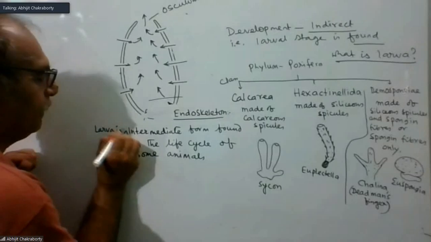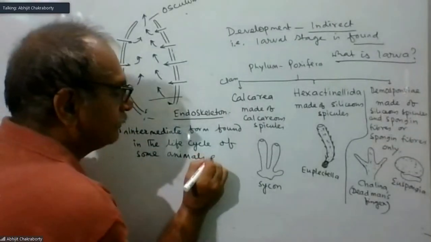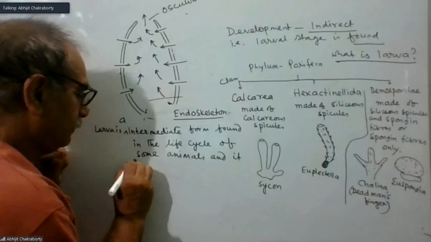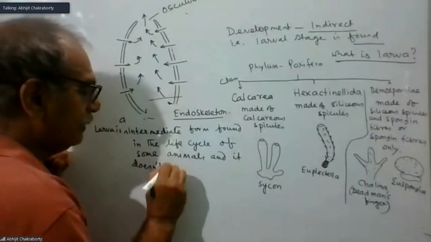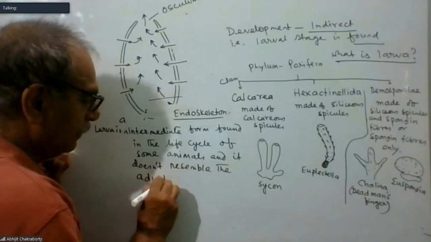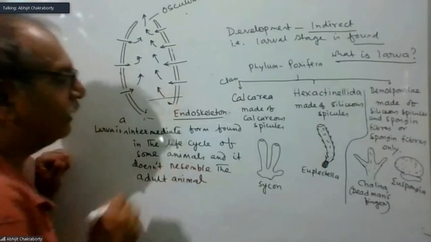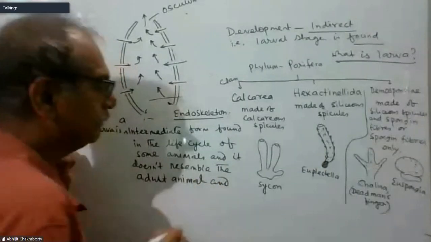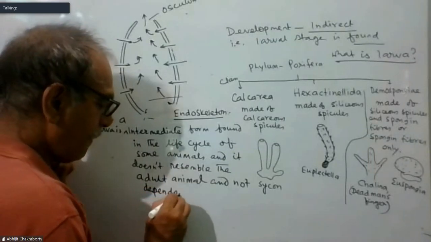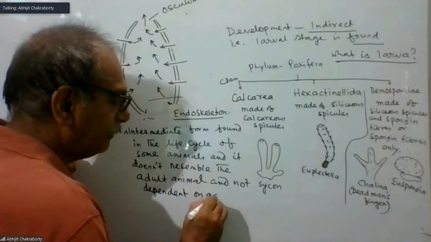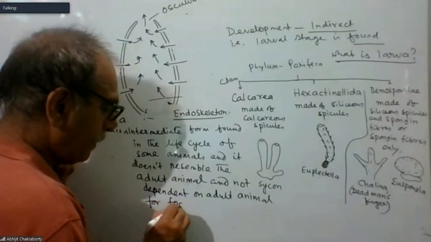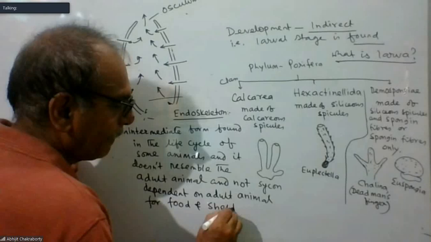Larva is an intermediate form, and it doesn't resemble the adult animal and is not dependent on the adult animal for food and shelter.